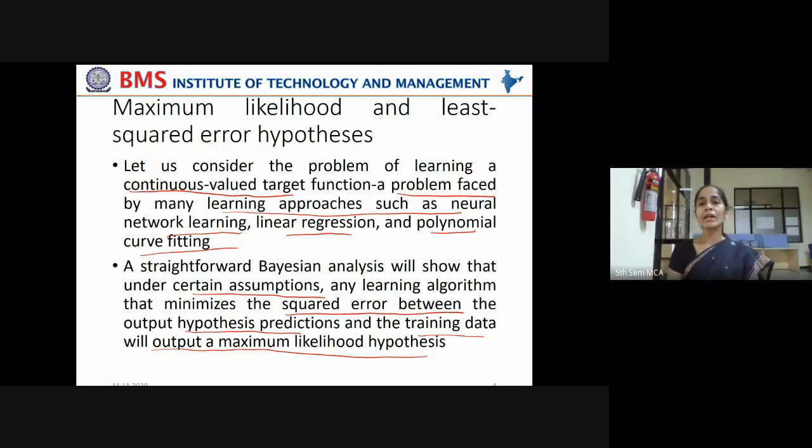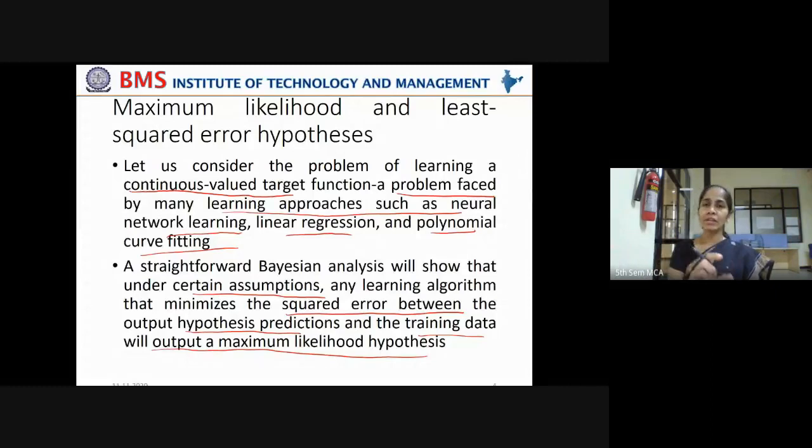But when the machine is trying to learn continuous value target functions, we take the difference between the actual value and the predicted value and square it, because sometimes it may be negative, sometimes positive, but we are interested only in the difference.